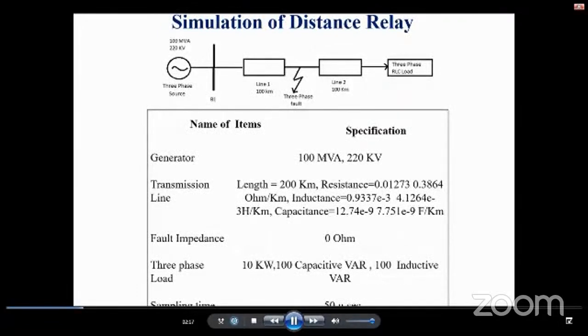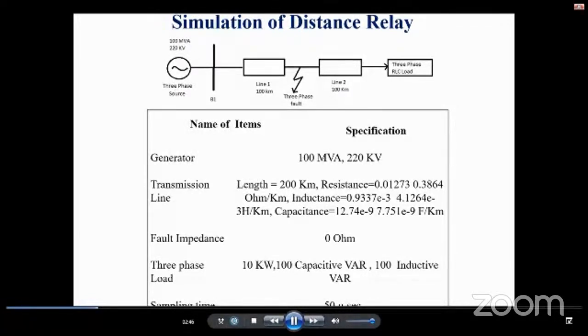This is the block diagram or single line diagram of the power system network, which has been used for the study of this paper, in which all the different kinds of faults have been simulated. Normally 10 types of faults have been simulated here: shunt faults, that is line to ground with phase A to ground, phase B to ground, phase C to ground.